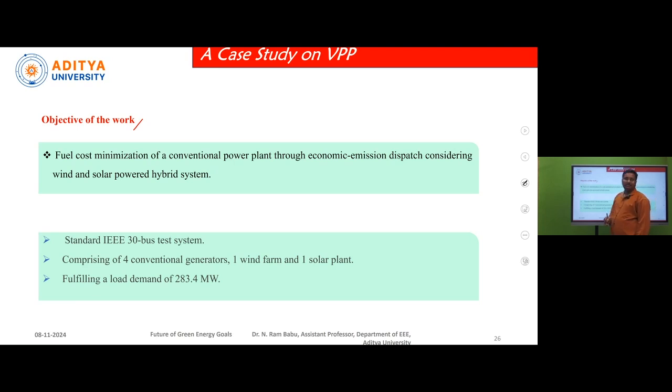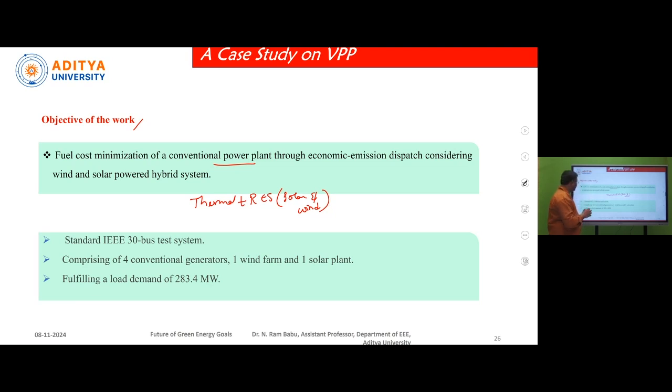That means the main objective here is, along with the conventional power plant, that means thermal power plant, renewable sources such as solar and wind are considered in such a way that economic emissions dispatch is reduced.